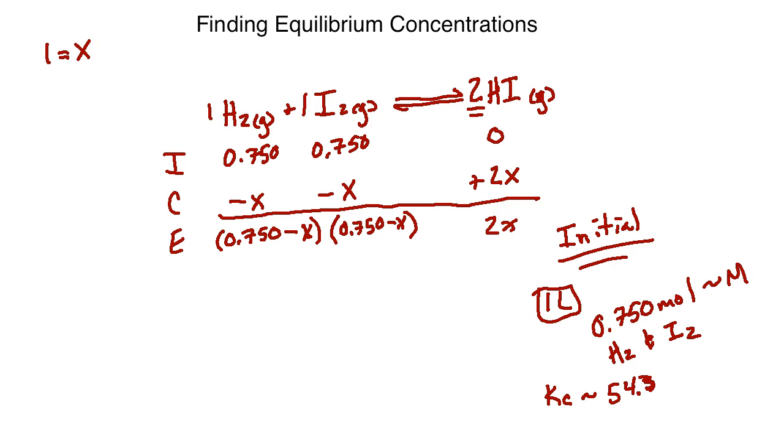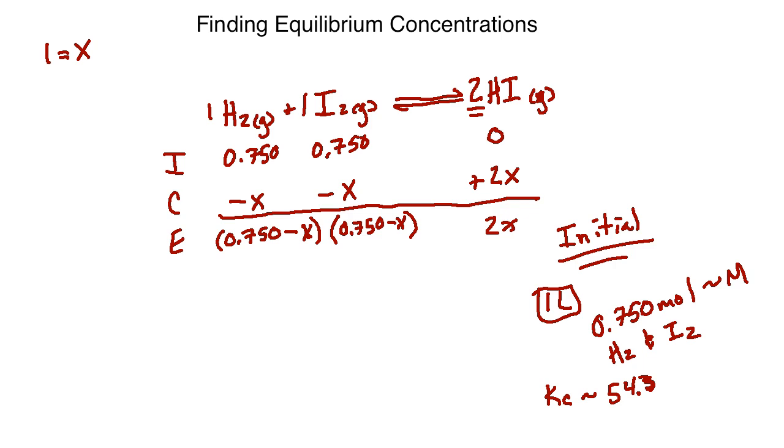Does this make sense? Well, this should not go down to 0, right? Because if it's in equilibrium, it means that there is at least some amount of H2 and some amount of I2. So the amount that's there is the initial amount minus the amount I lost in order to drive the reaction over to HI. So this should not be 0. It should be 0.750, the initial amount, minus however much I lost during that change phase. Same thing for the I2.